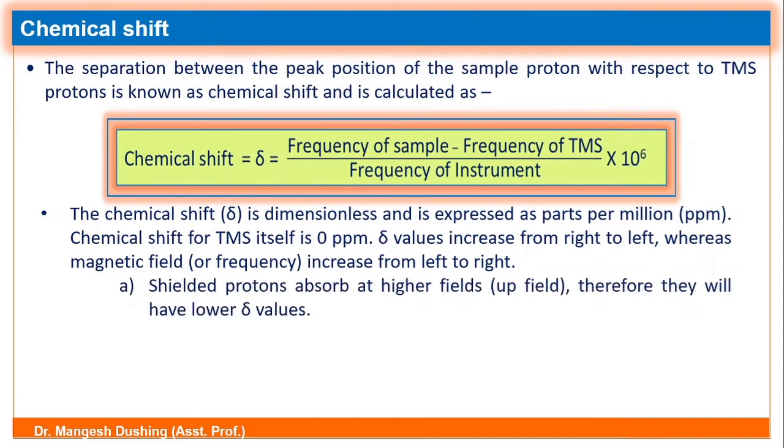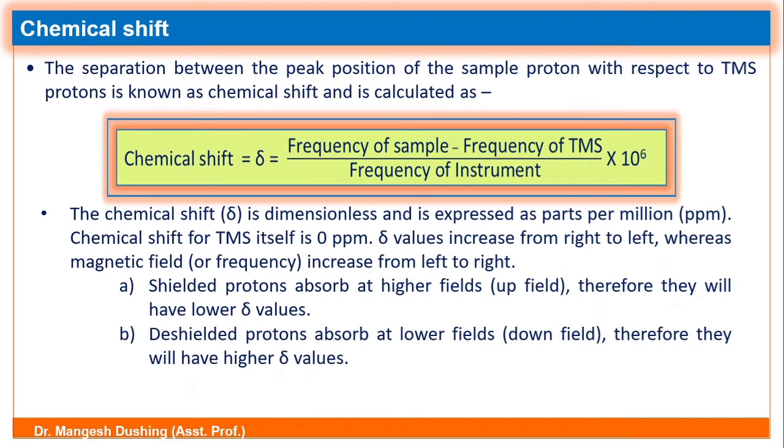The shielded protons absorb towards the upfield, higher field, therefore they will have a lower delta value, because chemical shifts increase from right to left. If peaks are on the right hand side, upfield, then the chemical shift will have lower values.